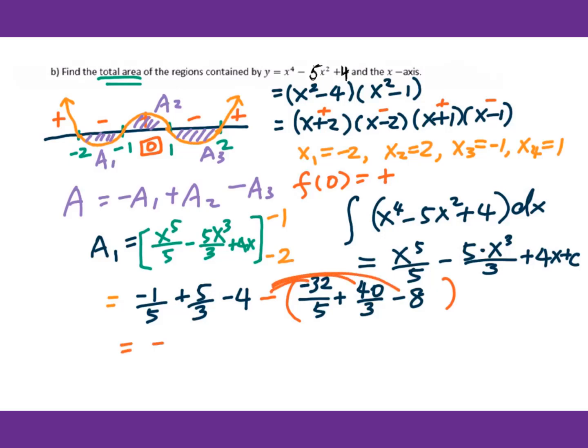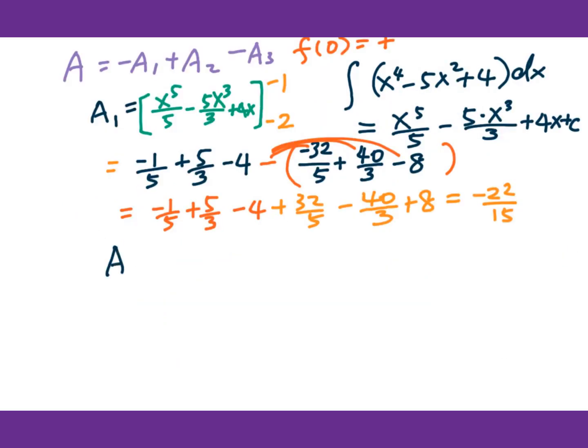You will get negative 1 over 5 plus 5 over 3 minus 4, then plus 32 over 5 minus 40 over 3 plus 8. Then you put this together, you will get negative 22 over 15. Now for the A2.